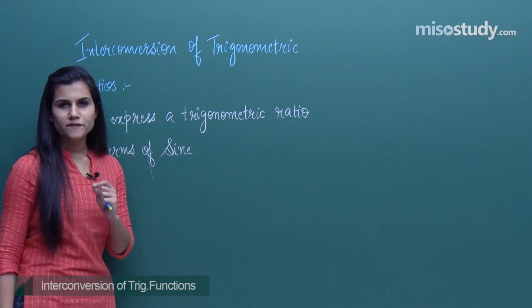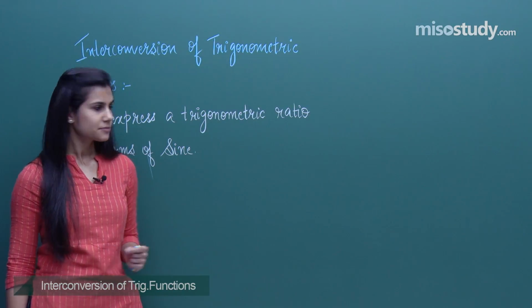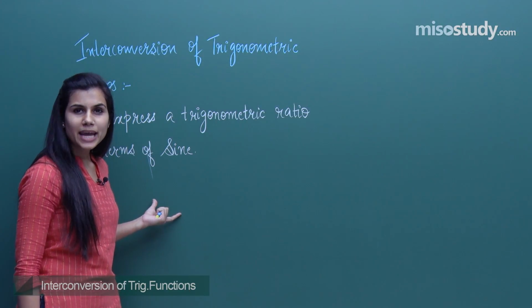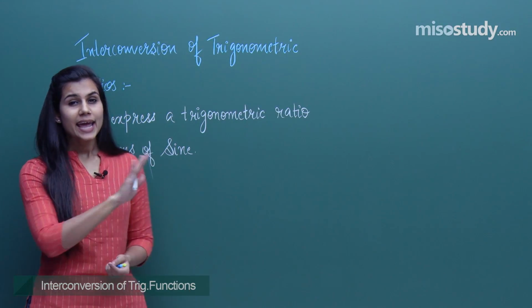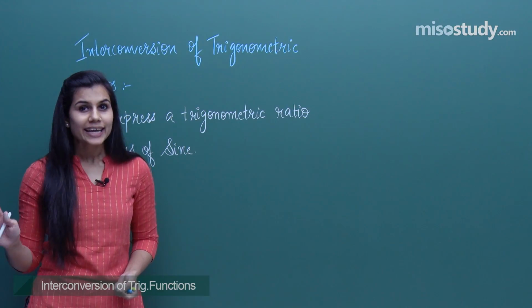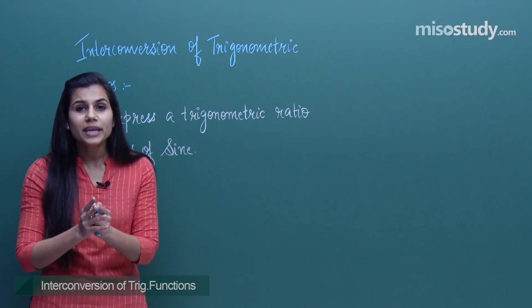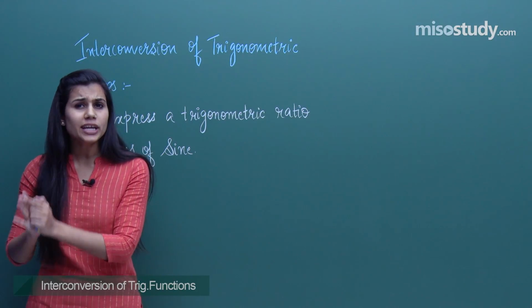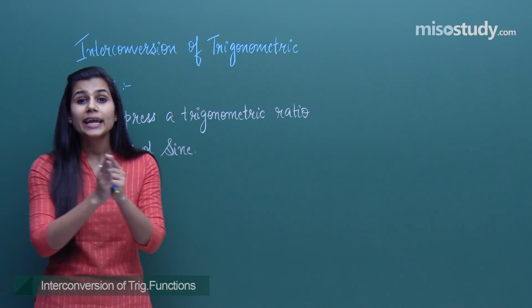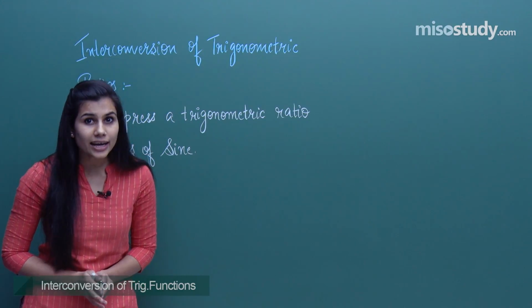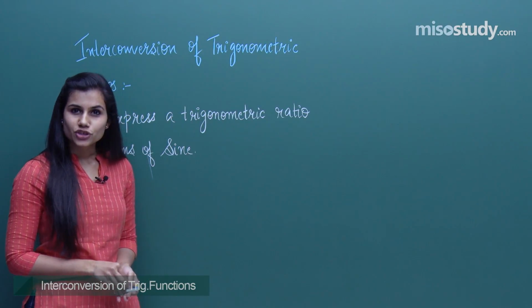That is our very first type of conversion. Over here, we will be able to learn to convert any trigonometric ratio into sine, or in other words, we will be able to express every trigonometric ratio in terms of sine. Let's start with that journey.